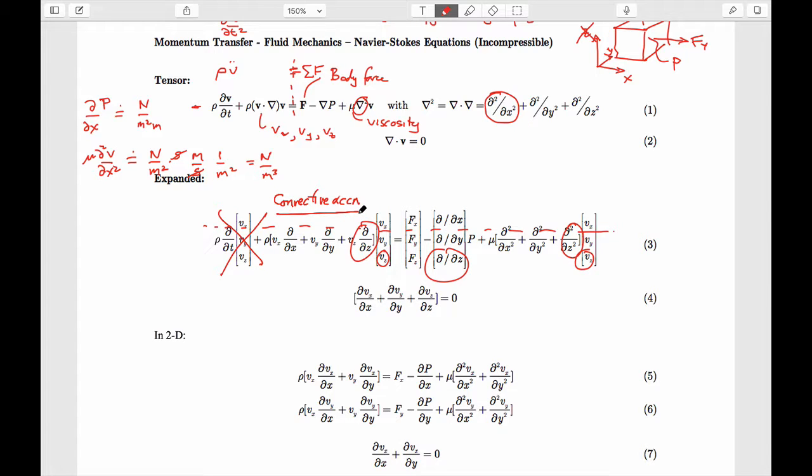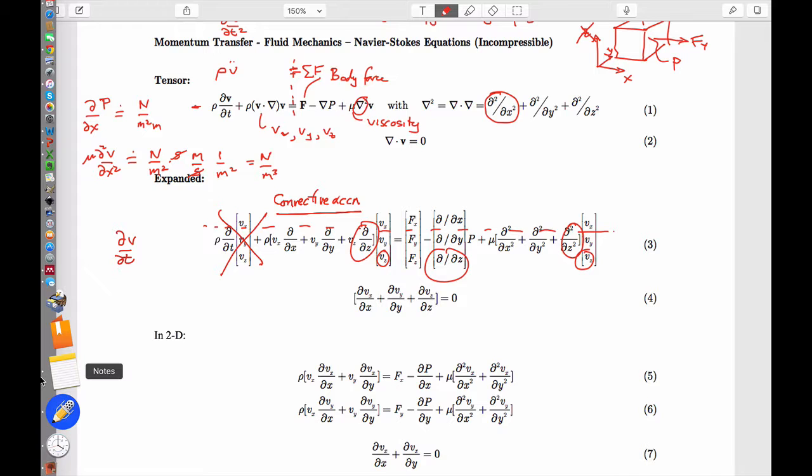where, if you take a snapshot of a flow field at a given time, and you look at a particular point, and you see that the velocity at that particular point, not the particle that's flowing through it, changes with time, then you have a term that represents dv/dt. That's a regular acceleration.